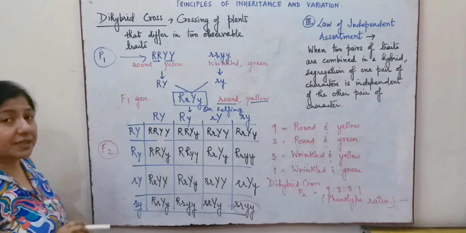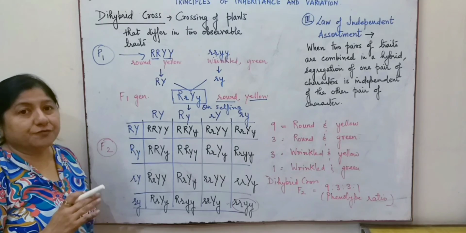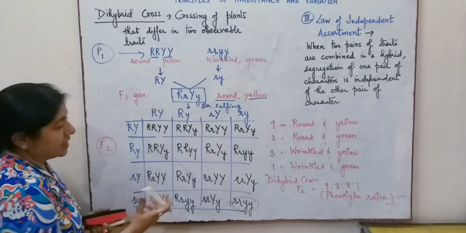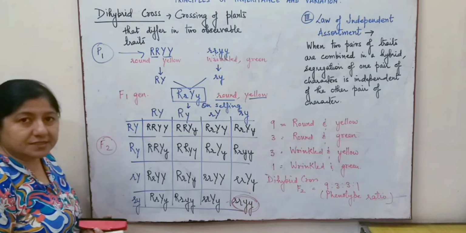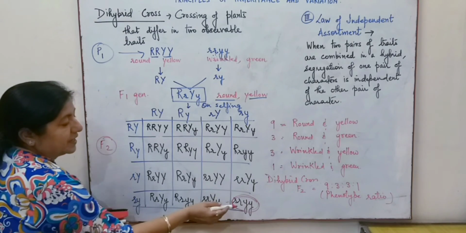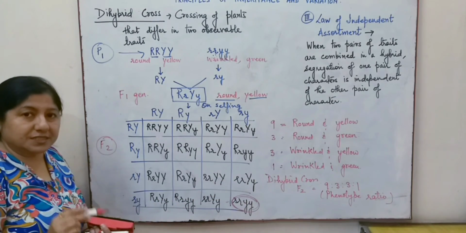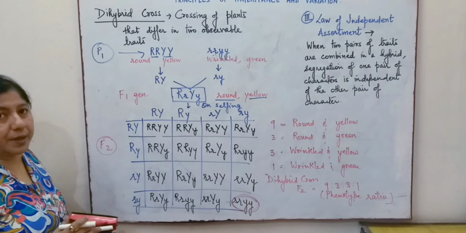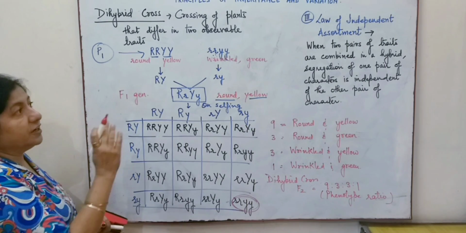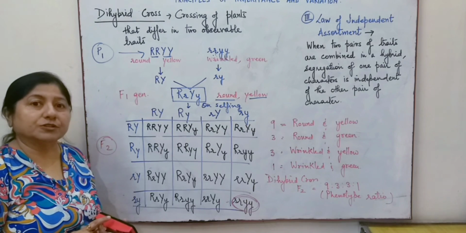The dominant character behaves the same, and the recessive trait, as you can see, is expressed only in a homozygous condition. Otherwise, it is not able to express itself. So the recessive trait is behaving the same way as in the monohybrid cross. So the third law of independent assortment is also a very important law.